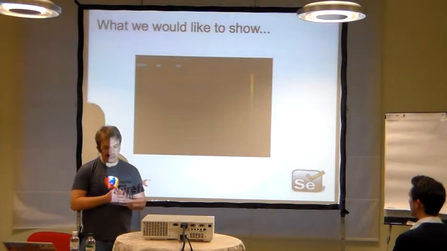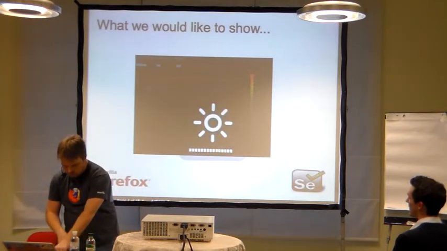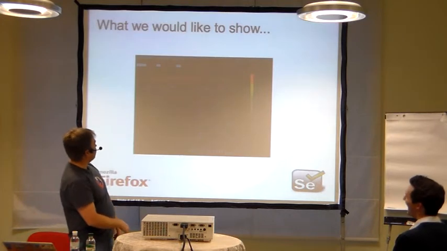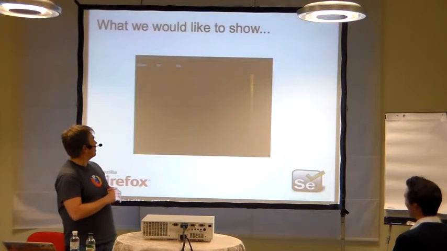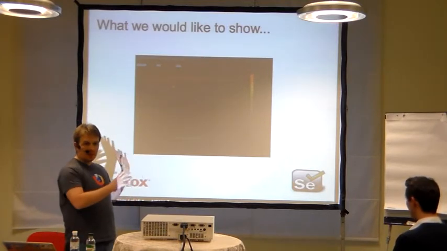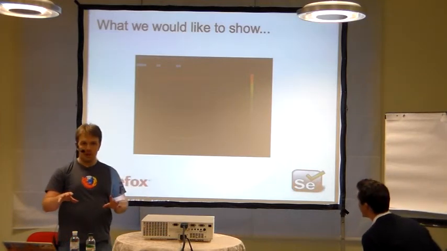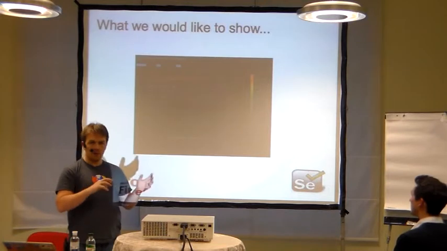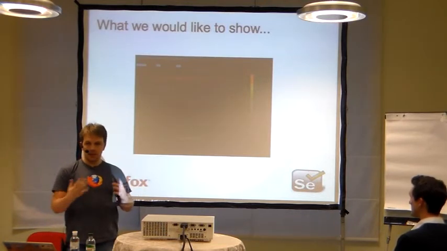So, what if we could generate a kind of heat map? Every time Selenium was working on a page, it would figure out what's on the page, keep track of it, and then generate a heat map.